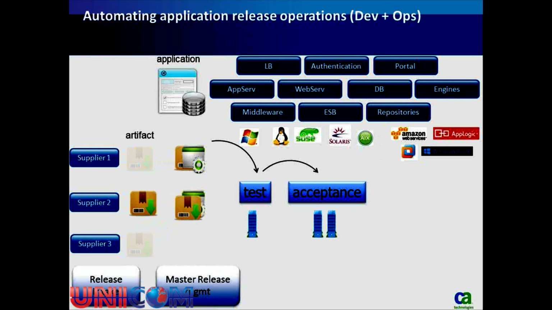And also CA has an application provisioning platform that is called CA AppLogic. And it means that during the release deployment operation, we can first dynamically set up a new environment, spin up, create servers, power them up, get the technology stack installed, and then install the new release on top of it.